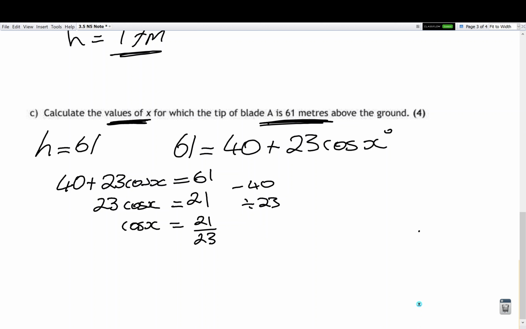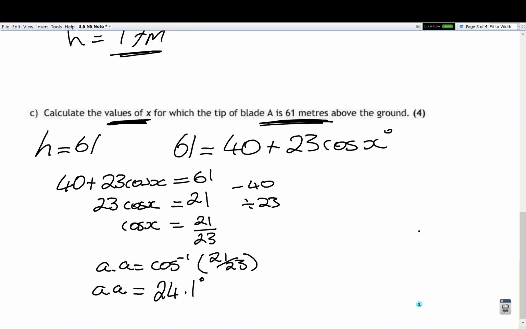Okay, so now we can get our acute angle by doing the inverse cosine of that fraction. So let's do that first. Okay, and you should get 24.1 degrees.